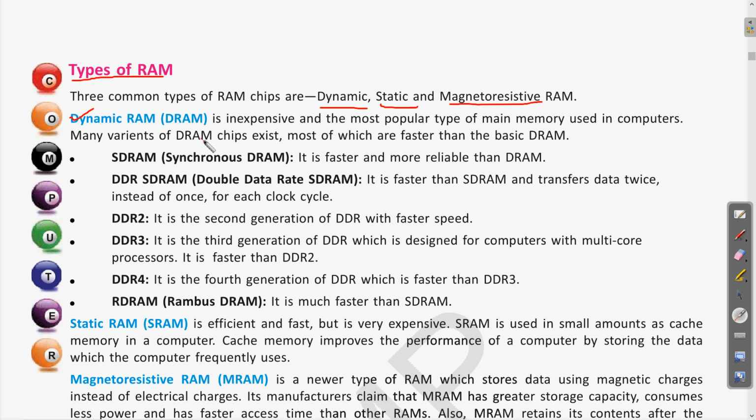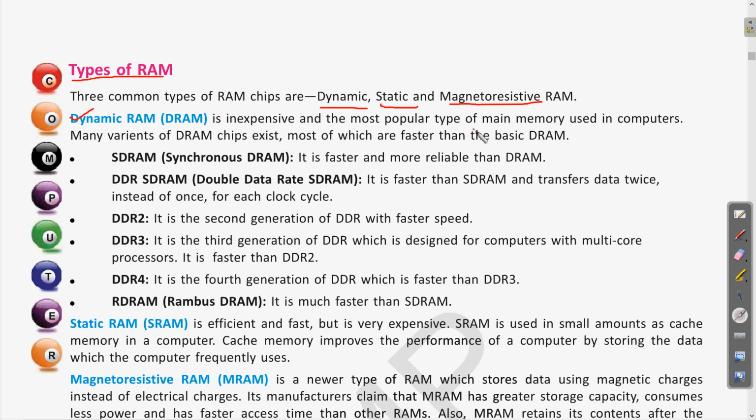All these variations of RAM will be used in the main memory only. Clear? And as they are variations of the RAM, most of them will be volatile in nature, but in some variations we will find the other form also.